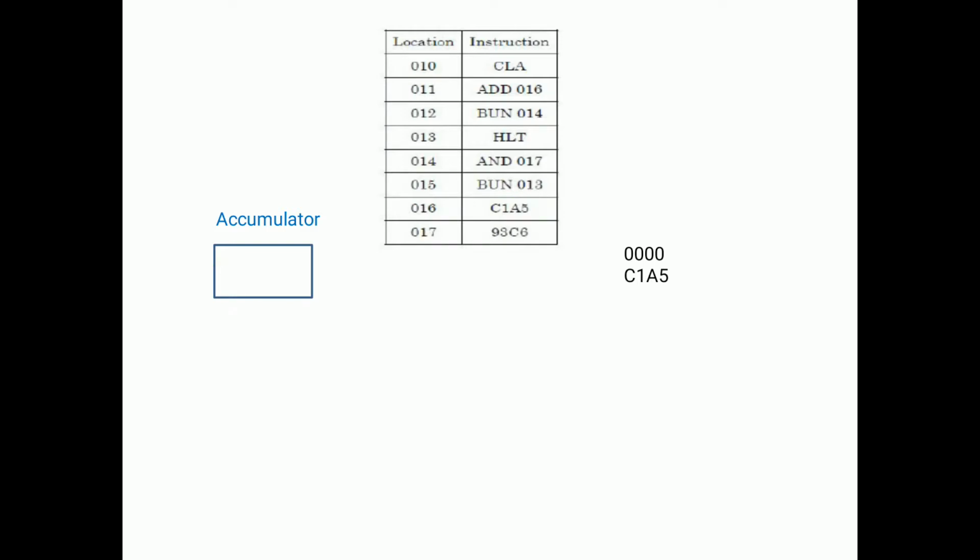This will be added with the content of the accumulator, and at present the accumulator is cleared in the previous step, so it contains 0000. After adding we get C1A5. This will be stored in the accumulator.